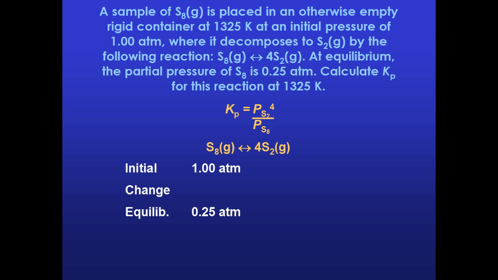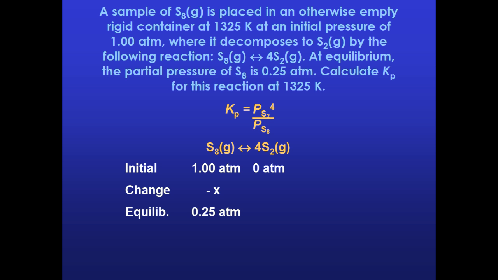We're also given the equilibrium partial pressure for S8 being 0.25 atmospheres. The initial plus the change should equal our equilibrium, and so we can figure out what that difference is, the change, by adding the initial and the change together to get that equilibrium value of 0.25.